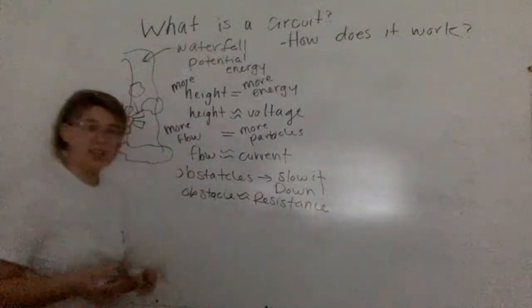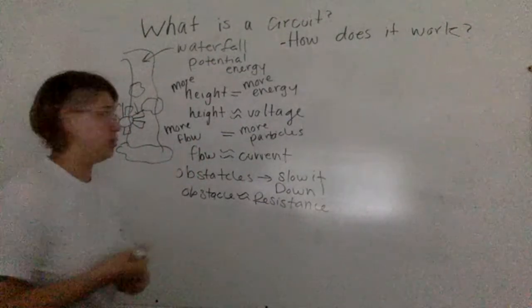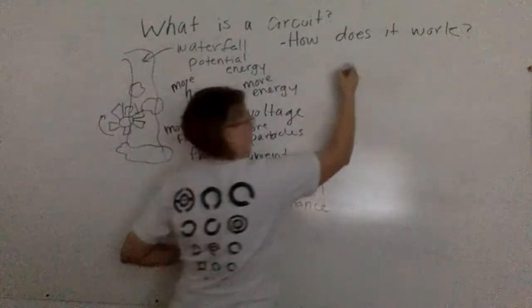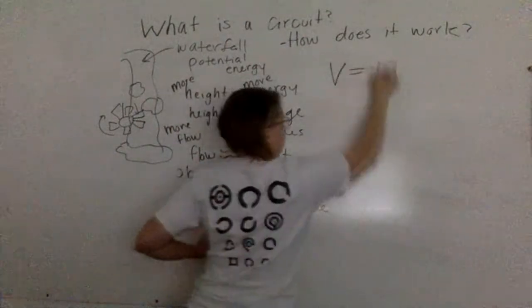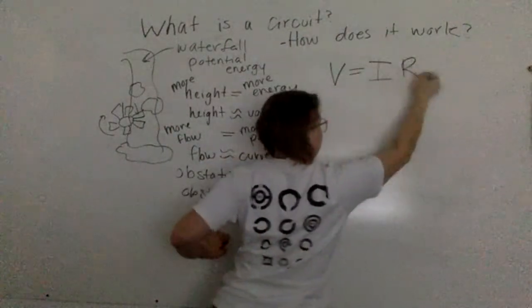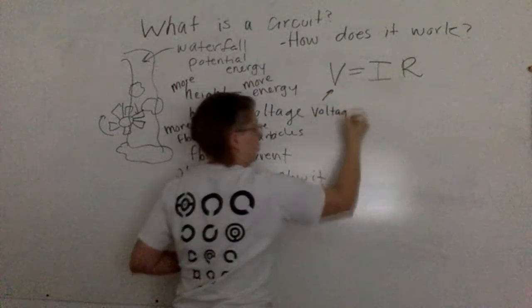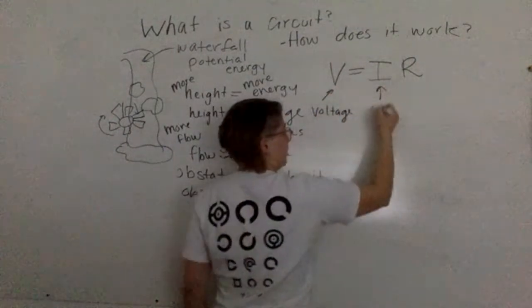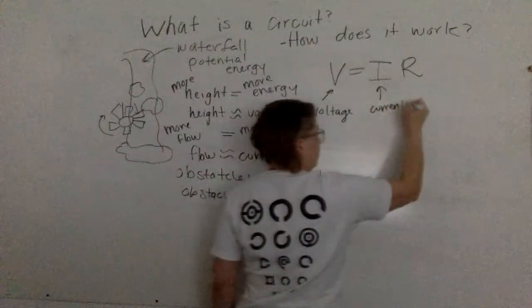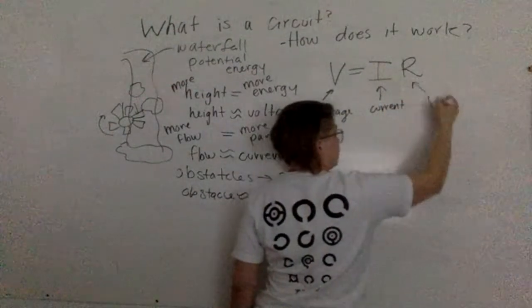And so that's where we can get this basic relationship of V equals IR. Voltage equals current times resistance.